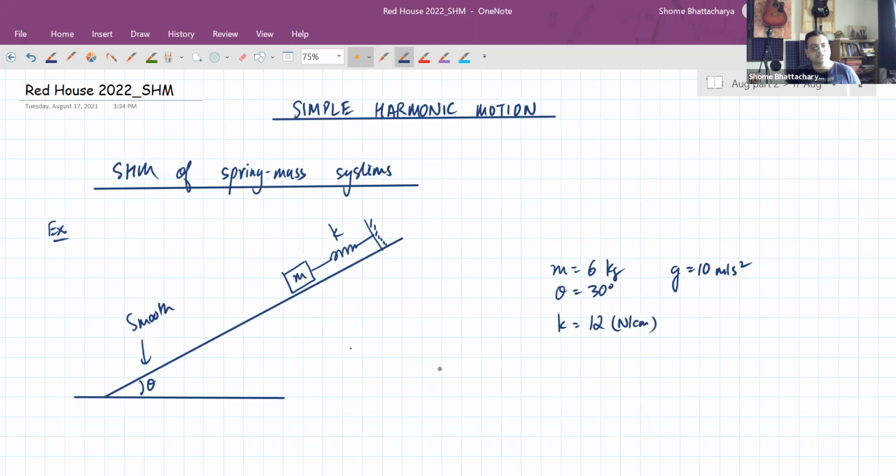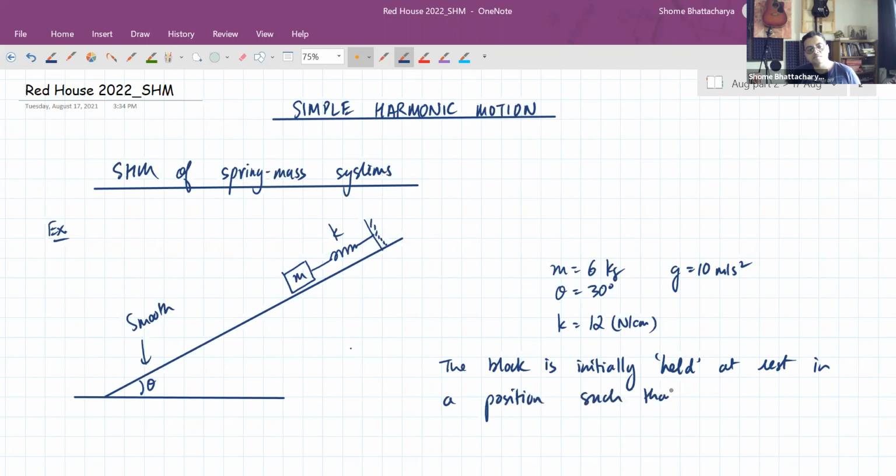So now what is happening is that the block is initially held at rest in a position such that the spring is compressed by half a centimeter and released from rest.